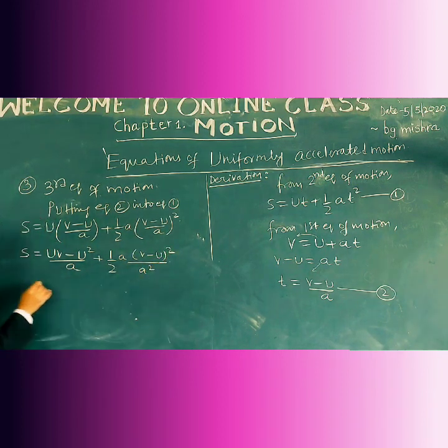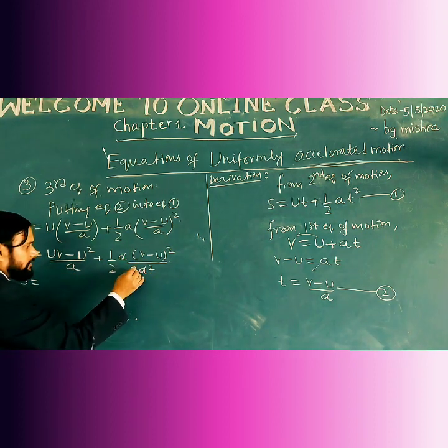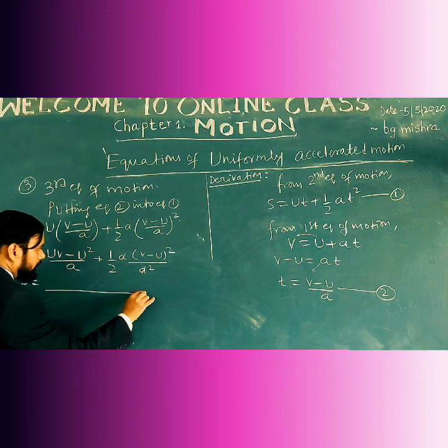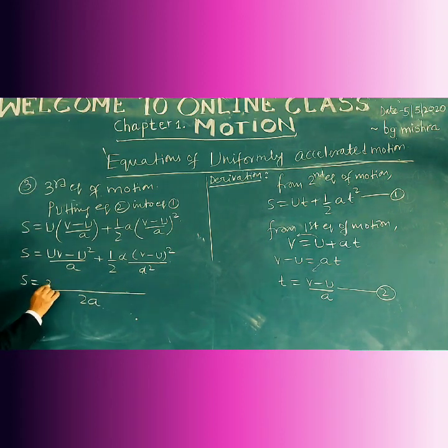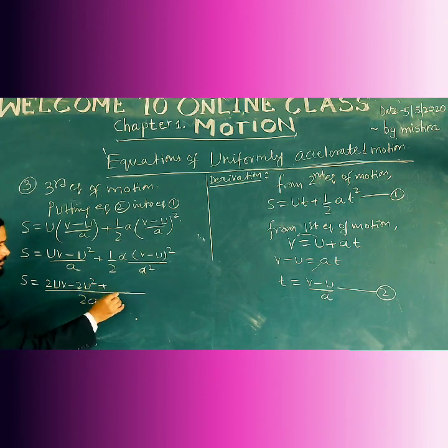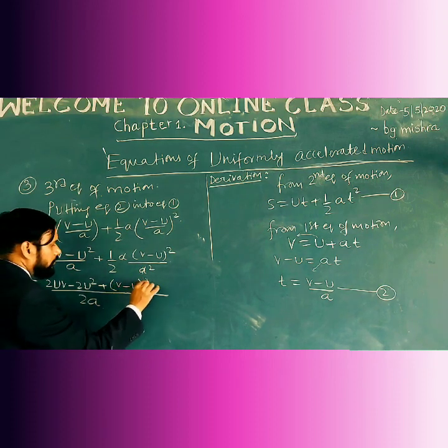square upon A square. That means S equals, now we will take the LCM. This A and A cancelled, so we will take the LCM, and LCM is 2A. So we will get what? 2UV minus 2U square plus V minus U whole square.